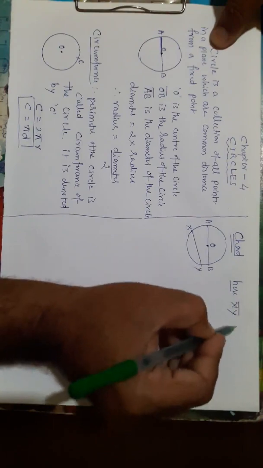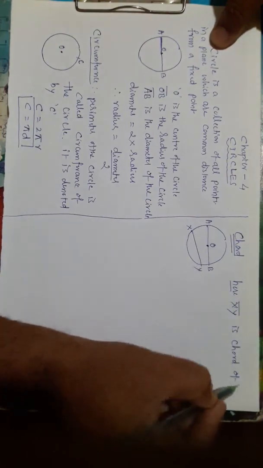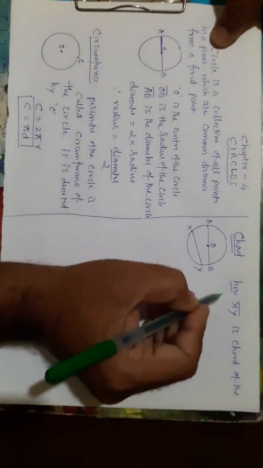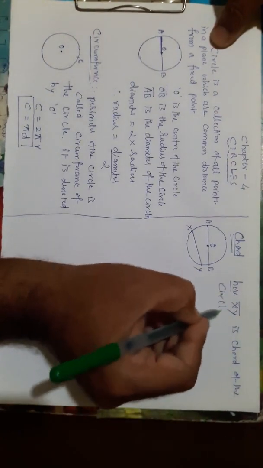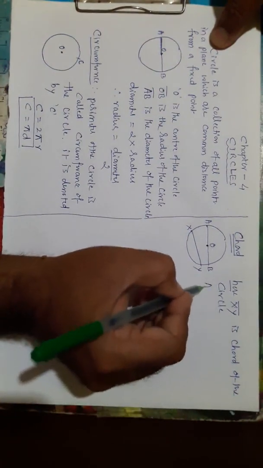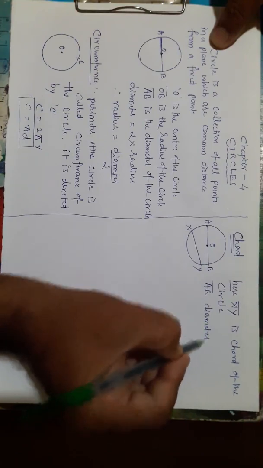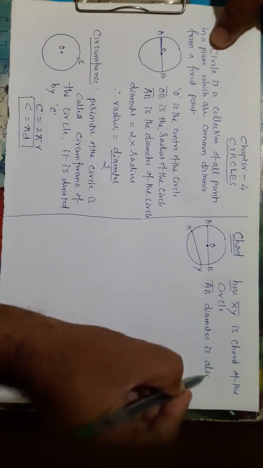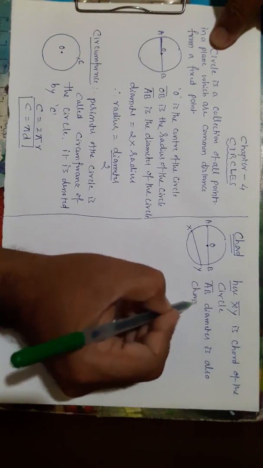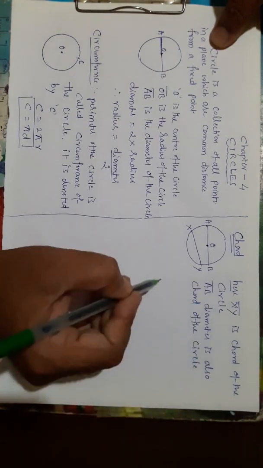Here XY is a chord of the circle, and AB, the diameter, is also a chord of the circle.